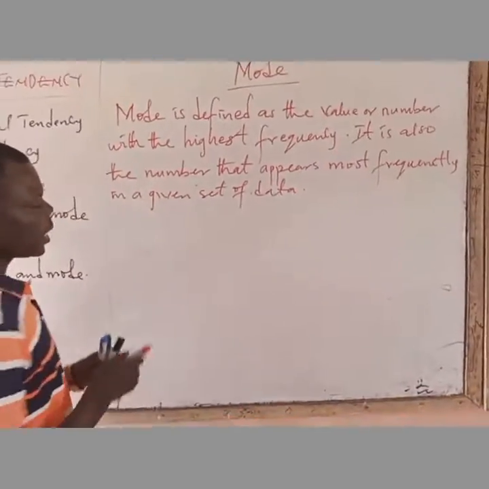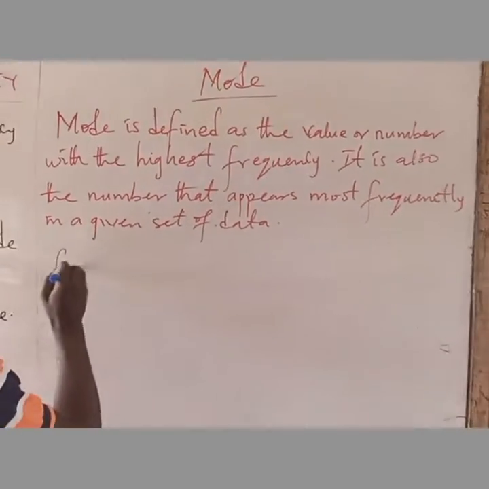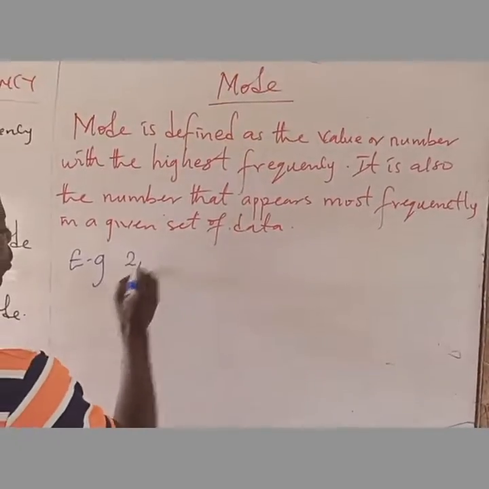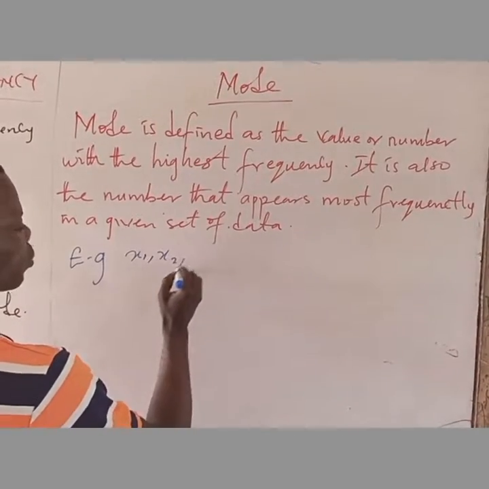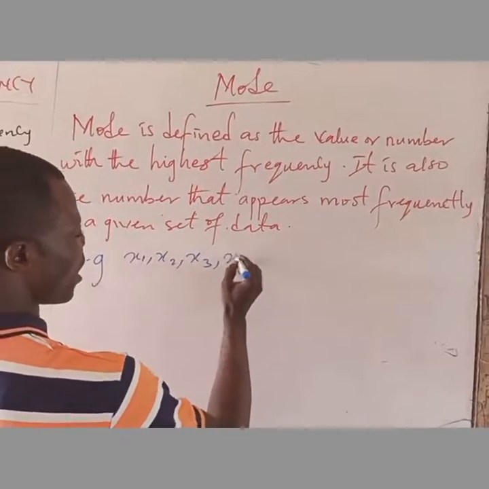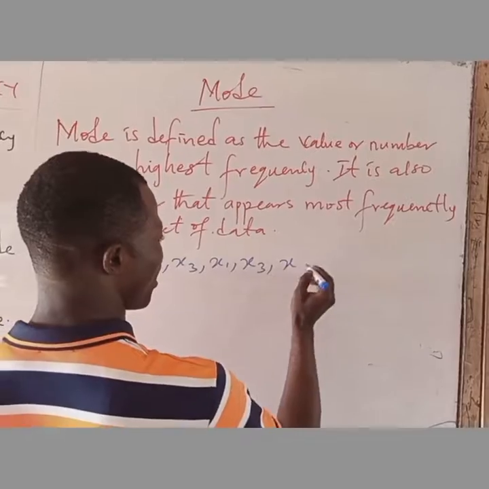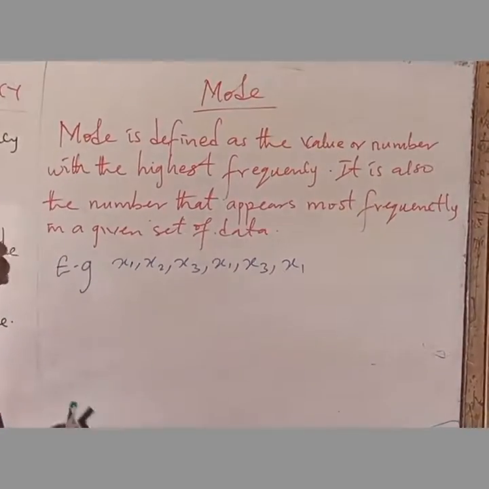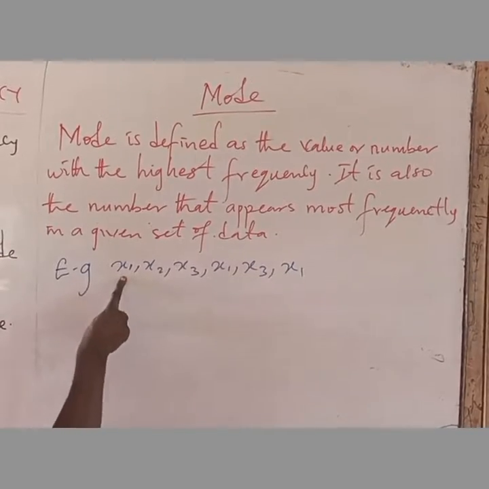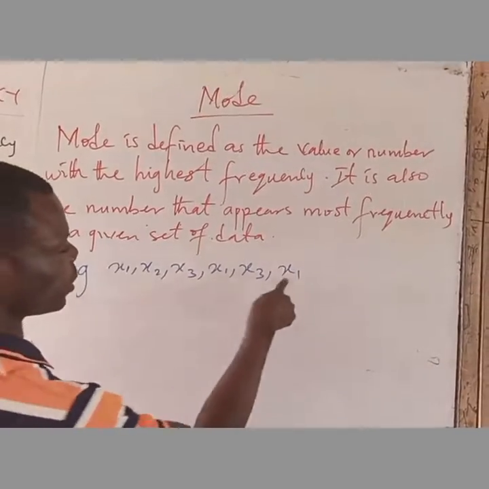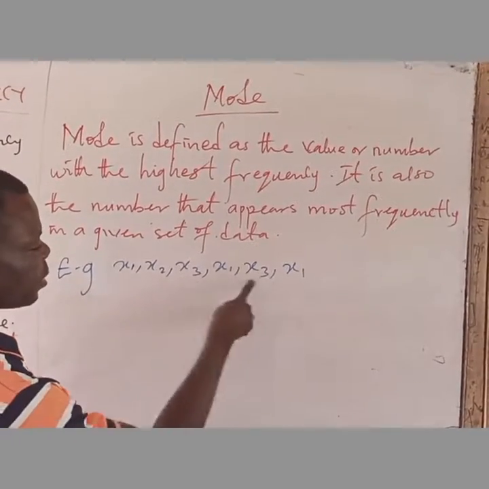For example, let's say you have x1, x2, x3, x1, x2, x1, x3, x1. So the number that appears most here, if you count it, x1 appears 3 times, x3 appears twice.